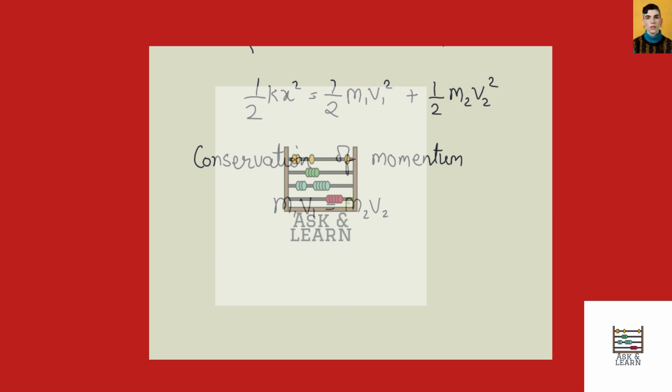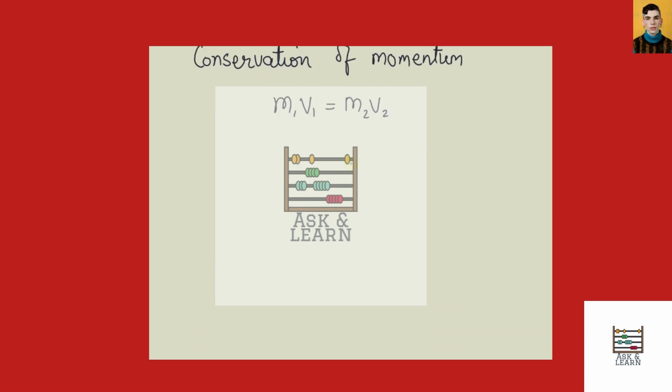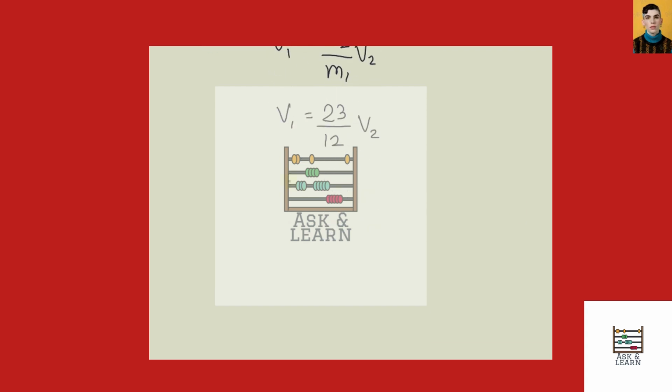If we equate, we get this. From here, v1 will be equal to m2 by m1 times v2. So v1 will be equal to 23 divided by 12 times v2. So v1 will turn out to be 1.91 times v2.